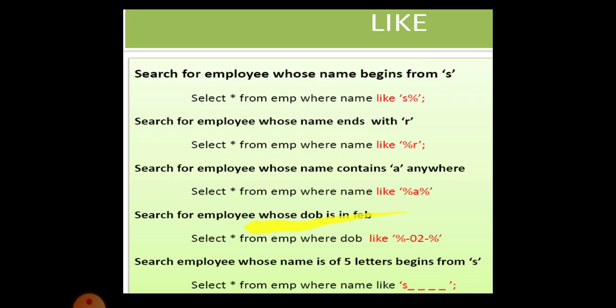So we will get the employees whose date of birth is in February. Look at the last example. Search for an employee whose name has 5 letters and begins with S. So it has to begin with S, and the name should have only 5 characters including S. So we have to give LIKE S, then 4 underscores. Those 4 underscores indicate 4 characters.